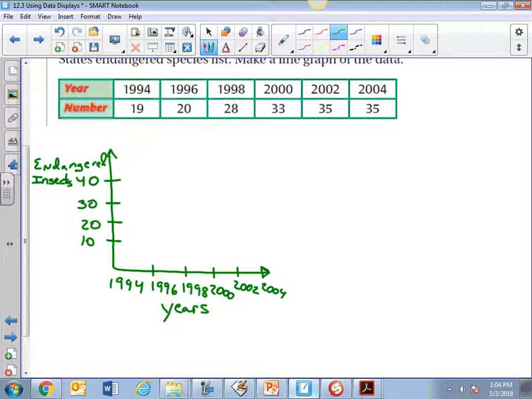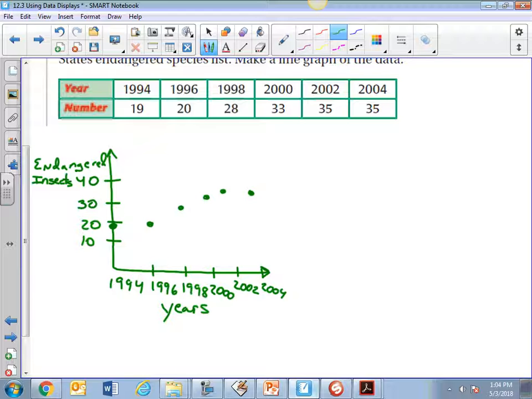And then really the line graph from there, all you have to do is go ahead and go to the years and then put in the coordinates. Okay, so 1994 is 19, that's almost 20, so we're going to put a dot there. 1996 is 20. 1998 is 28. All right, and then 2000 is 33. 2002 is 35, so a little bit higher, and then 2004 is the same darn thing.